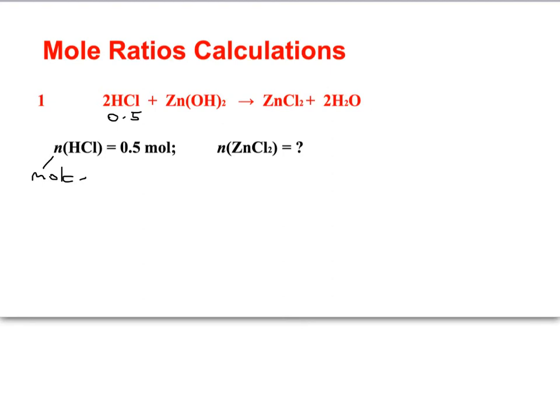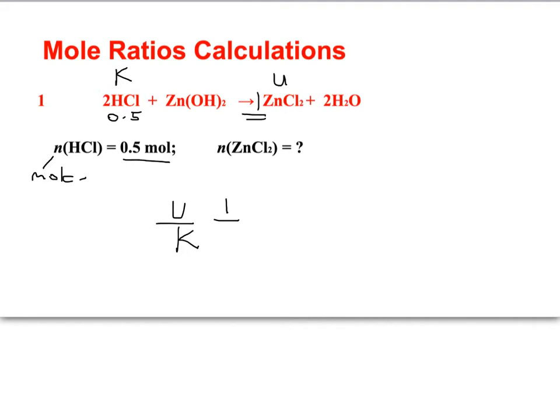So in this equation, what we're trying to find out, that's our unknown, the zinc chloride. And what we know is that there are 0.5 of a mole of HCl, so that is our known. So let's do our ratio, and that's going to be 1 mole from the equation because there's no number in front of the zinc chloride.